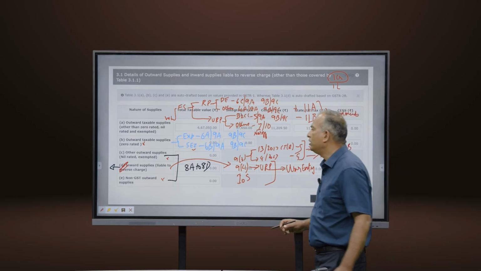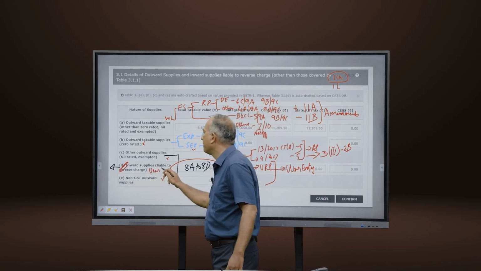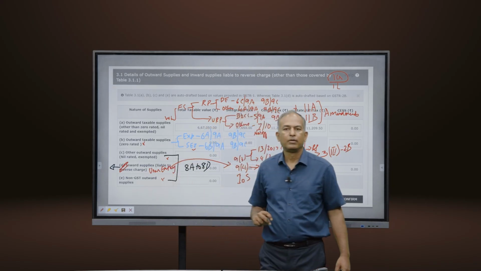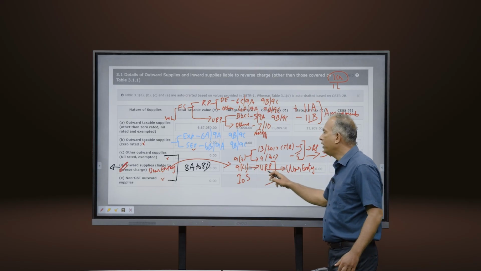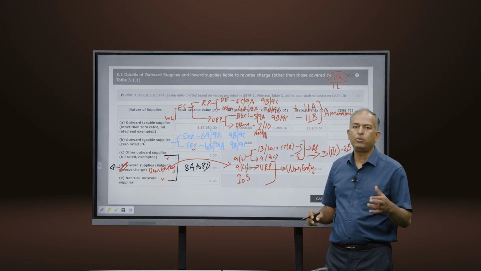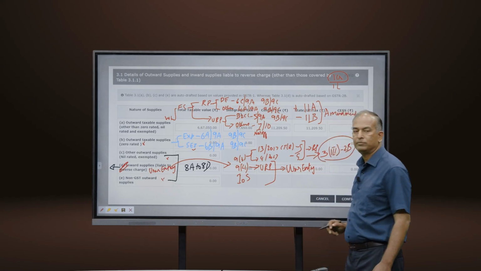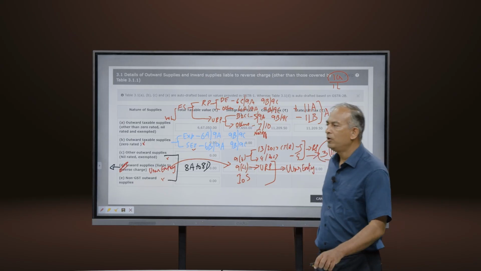So this will have a user entry. There has to be a user entry here, 3.1D. If there are no unregistered person supplies and import of service supplies, whatever is in 3.3 will remain. So that is with reference to the liability table in your GSTR 3B.